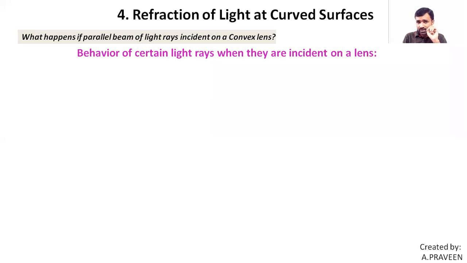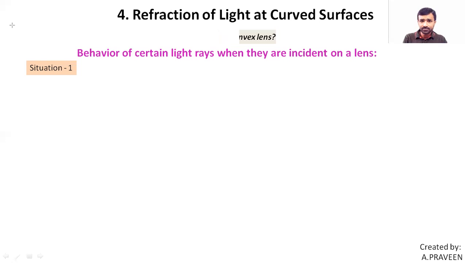Not only this parallel beam of light rays, other than a parallel beam we can take, right? So here simply, if a light ray is incident on a convex lens, that is passing through the center of pole.